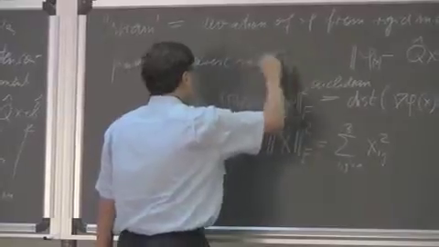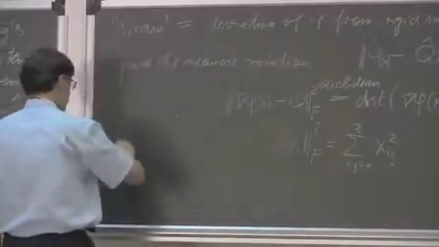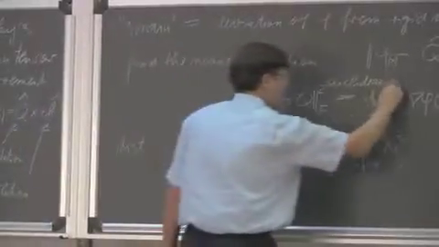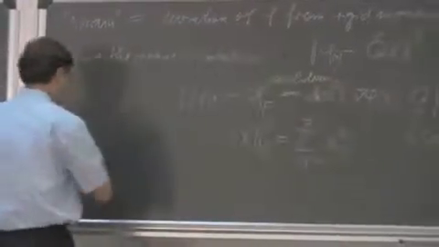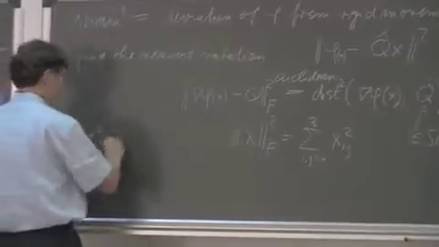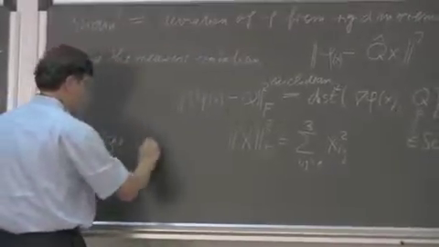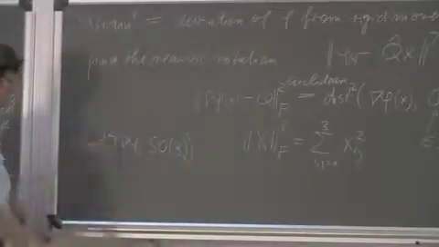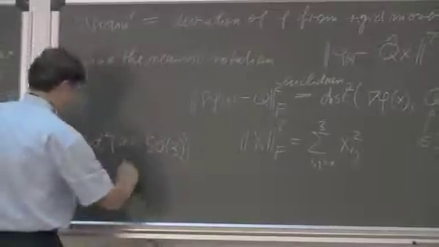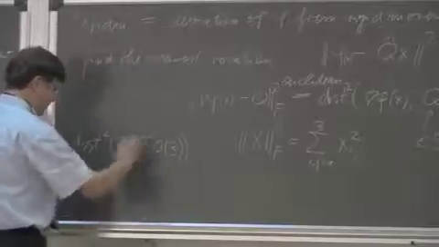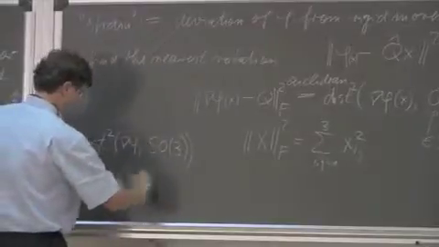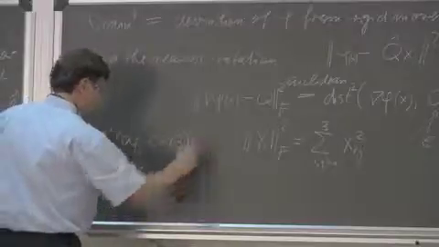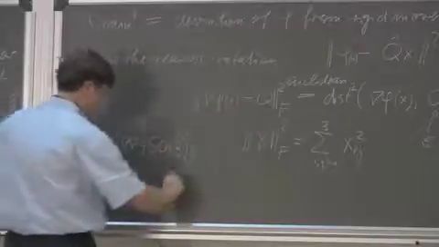For this we say this is the distance squared, sorry, here this should be squared because I have a square here, the distance squared of the gradient of phi to SO3, meaning SO3 is a compact manifold and I should take the minimum over all rotations of this individual measure.